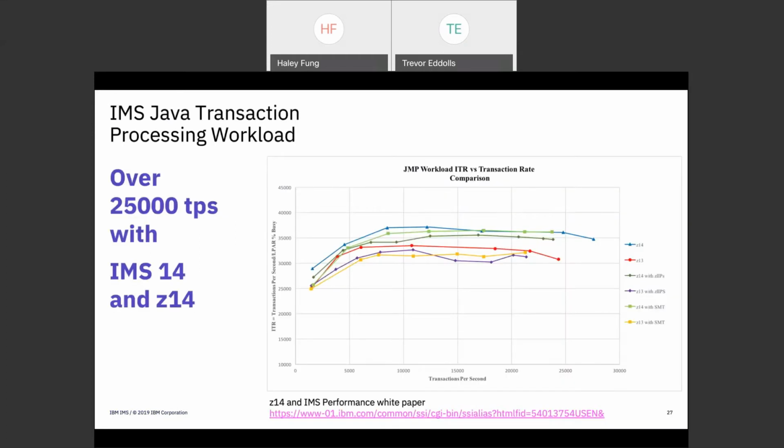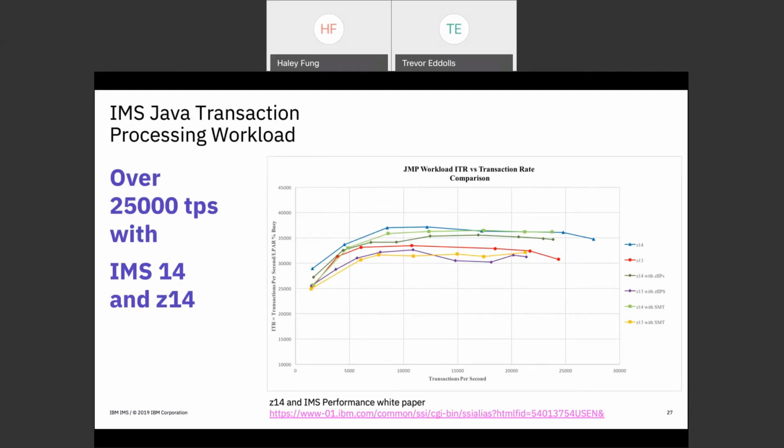So here's a performance chart that I want to use as a sample. As I mentioned, we have done a lot of work optimizing Java on IBM Z, and this is part of the result. And this is not even the latest version of IMS that we ran the test on. When we did a test in IMS with IMS 14 and z14, you can see with a JMP workload, we were able to achieve more than 25,000 transactions per second.